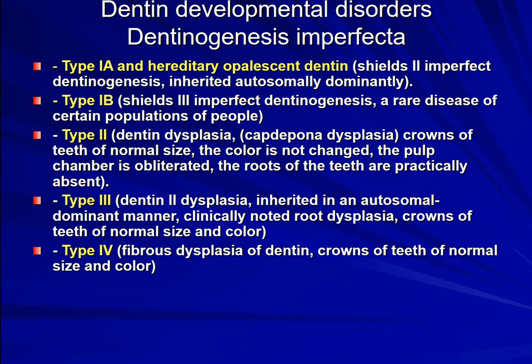Group A is hereditary aplastic dentin. Shields' second imperfect dentinogenesis is inherited autosomal dominant. Group B, Shields' third imperfect dentinogenesis, are rare diseases of certain populations of people.